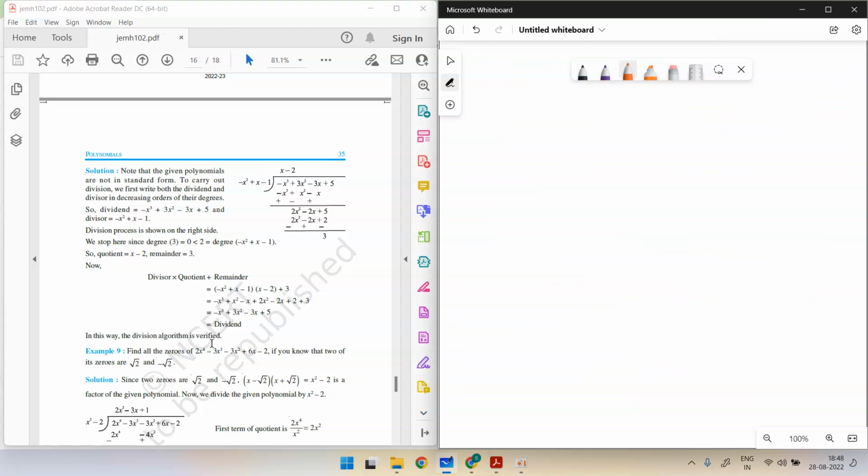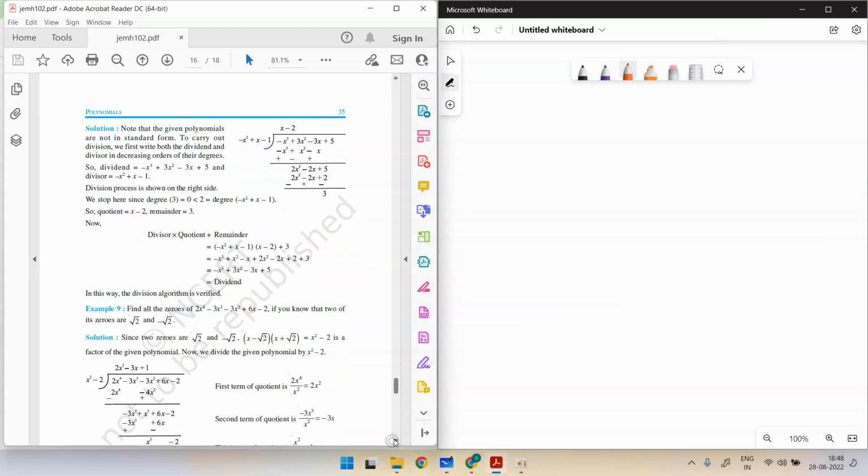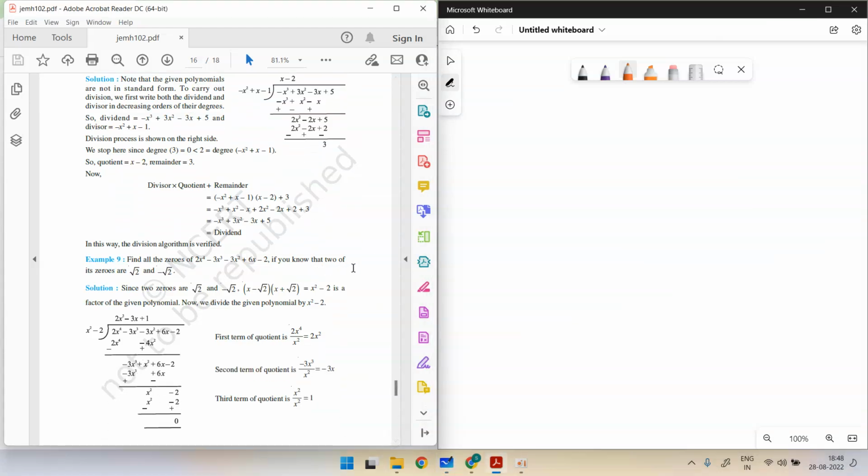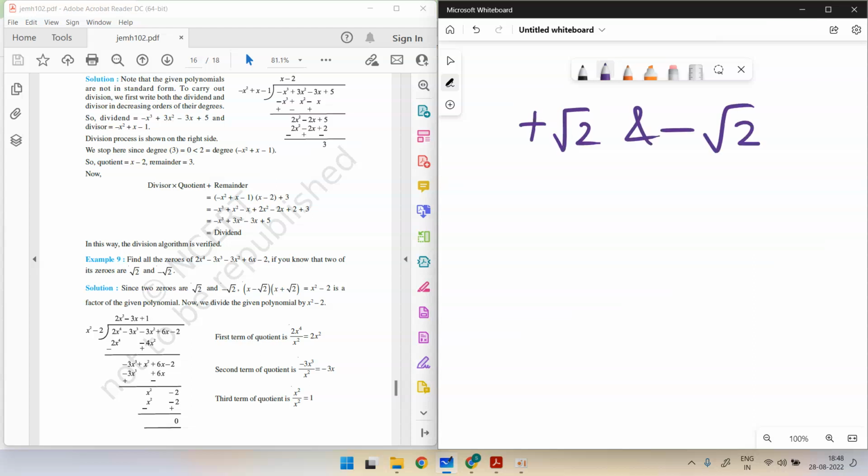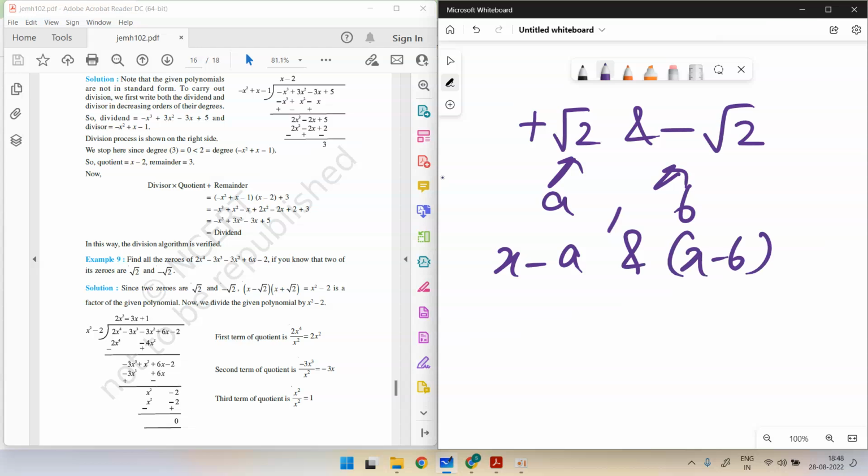Next question, find the zeros of this if you know that two of the zeros are root 2 and minus root 2. So if these are zeros, you know that if a and b are zeros, then x minus a and x minus b will be factors, and the multiplication of the two will also give a factor.